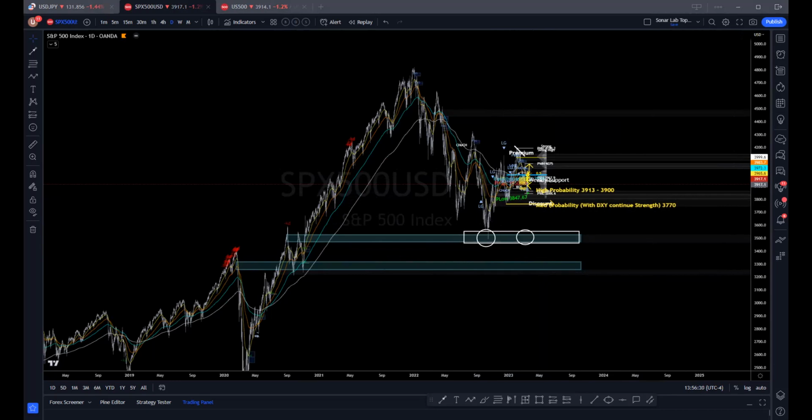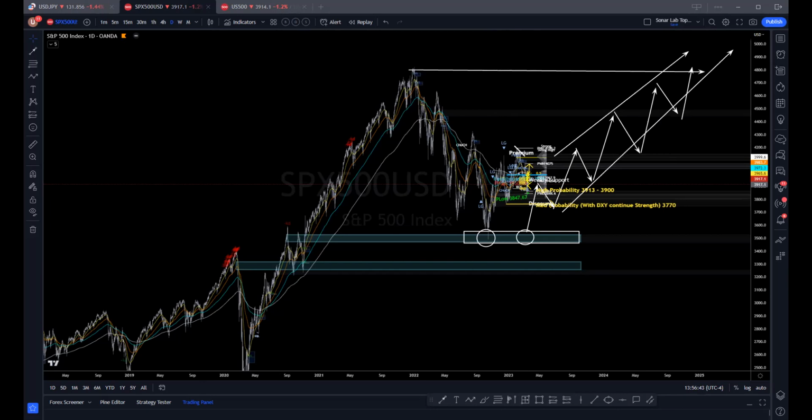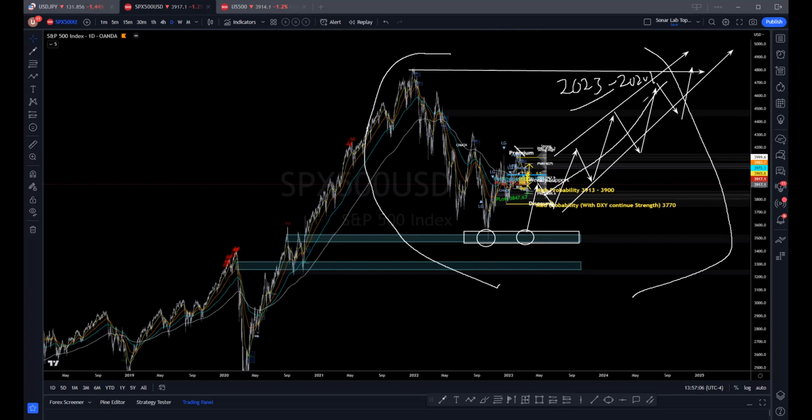We can now get ready to enjoy the fruits of the S&P 500 indices, US 30, NASDAQ, and get back to record highs, and then get back into the trajectory of the bull market coming towards the end of the year, well into 2024, as we get into more of a risk on sentiment situation, to where people start to feel confident, they're greedy back in the market, and now we're ready to start going up.